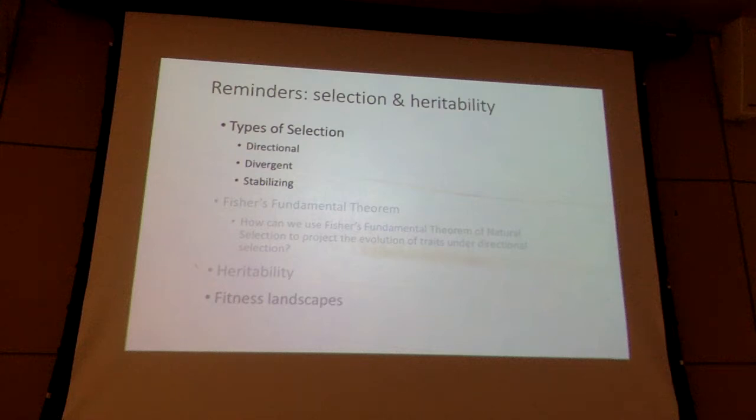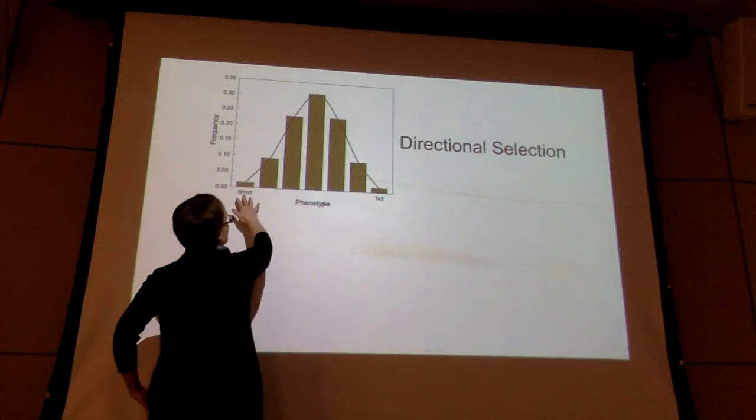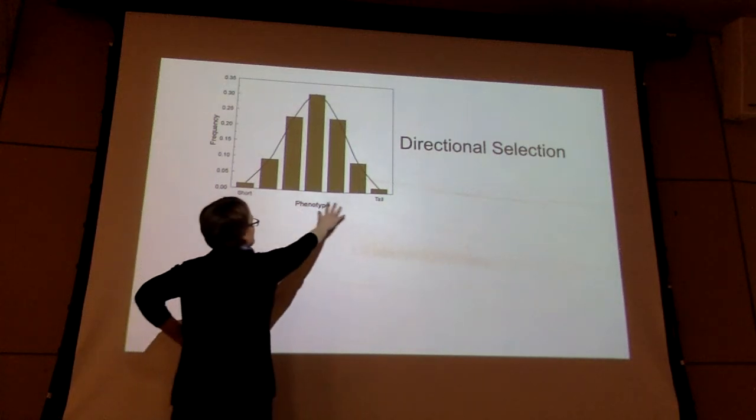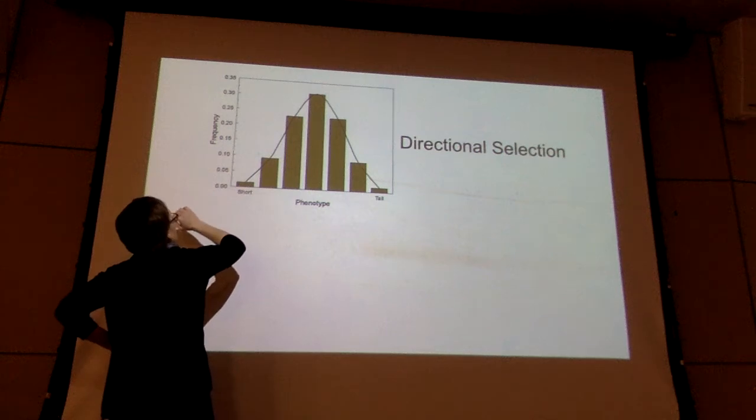There are some different types of selection. And the types of selection really reference sort of the directionality of the change. Remember that if we have directional selection, and I'll just orient you to this figure, here we have the phenotypes of some organism and the frequency of which that phenotype is found in the population.